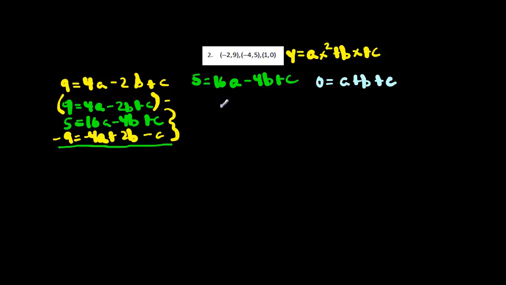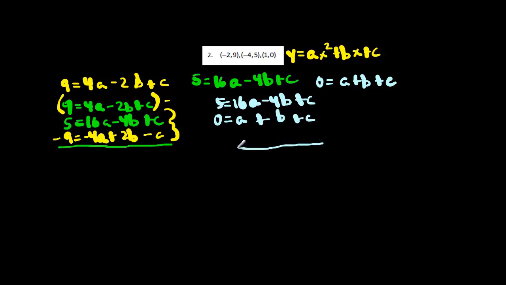So we'll have 5 equals 16a minus 4b plus c. And then the bottom one will be 0 equals a plus b plus c. I'm going to multiply the top by a negative.